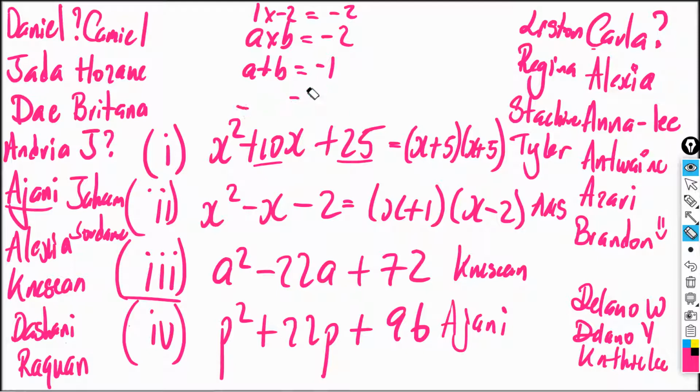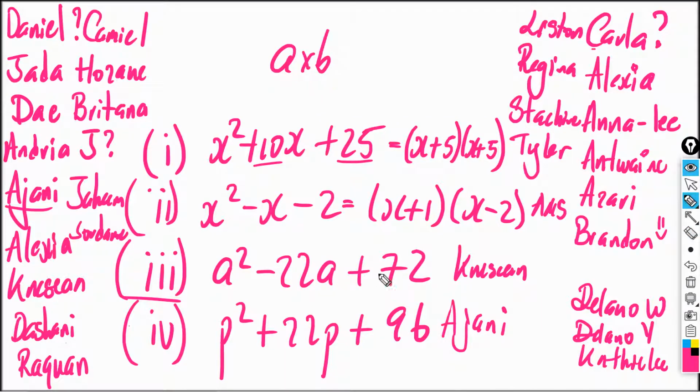So let's do it up here. Same situation. We need two numbers that when we multiply, it's going to give us positive 72. But when we add them, we're supposed to get negative 22. All right. So Krishan, what you said it was again? Negative 18 and negative 4.